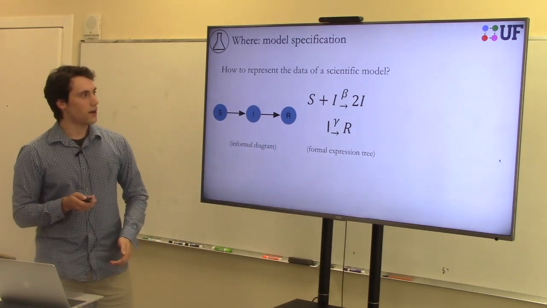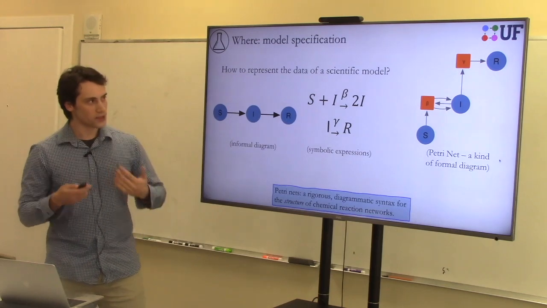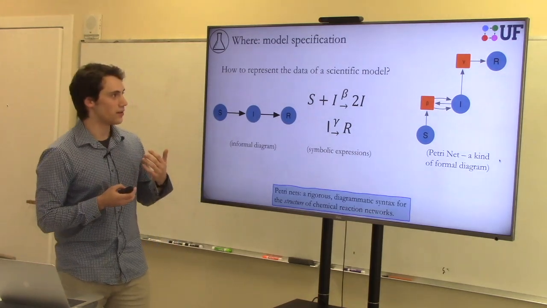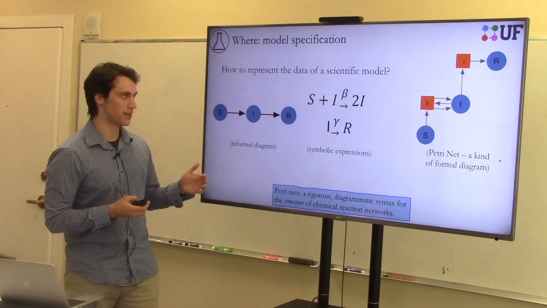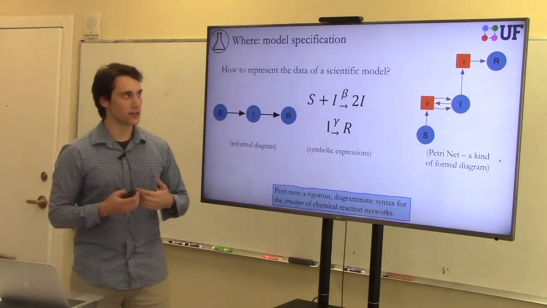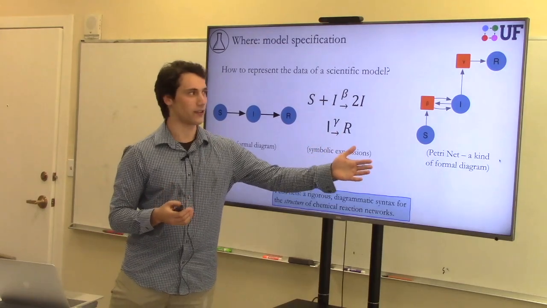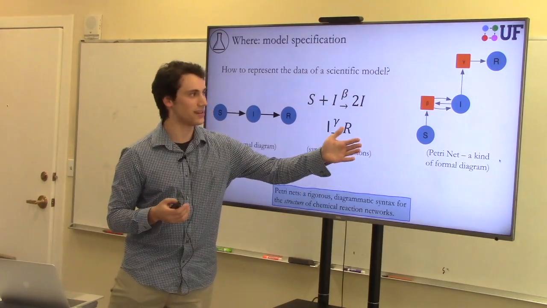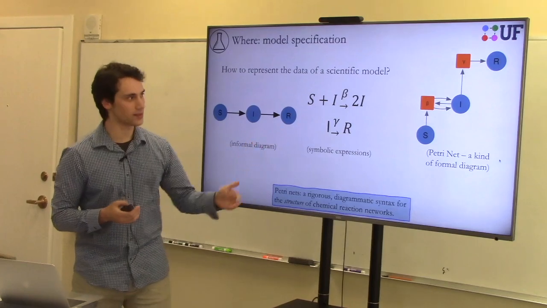And our perspective on this is that we can actually do a little better than this, because similar to this informal diagram that was very intuitive and visual, there is another type of diagram that's a visual syntax that can represent these same equations.